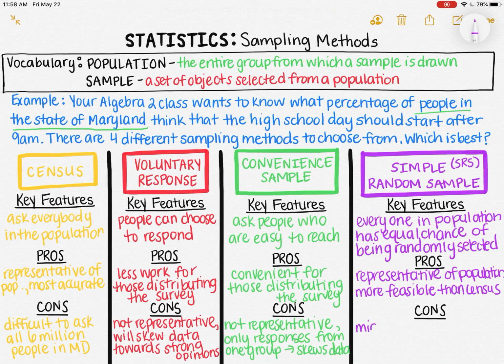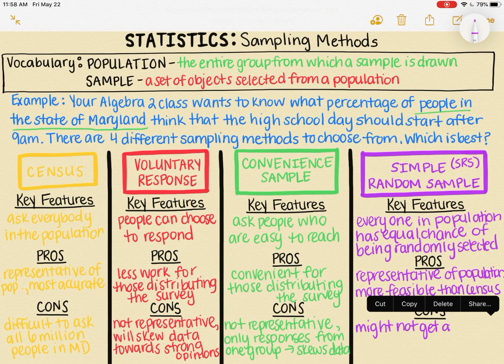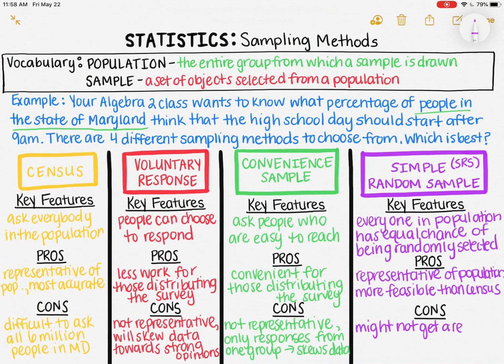The downside of this is it's never perfect because you still might not get a response from everybody that you select. So if you select 100 people and you can't get in contact with 10 of those people, you're going to have to end up picking 10 new people to get responses from. So in that case, whatever the reason is that made it difficult to contact those 10 people, that means they didn't really end up with an equal chance because you didn't actually get to ask them the question.